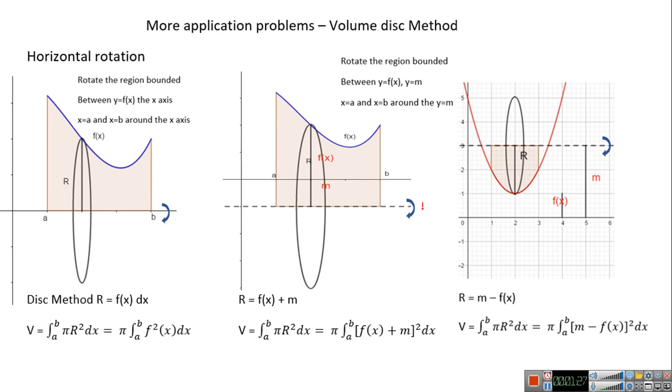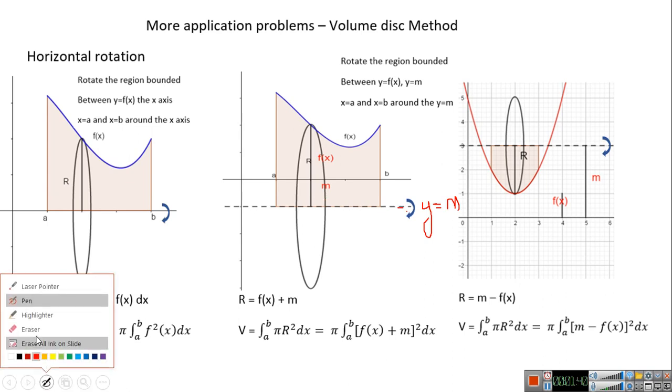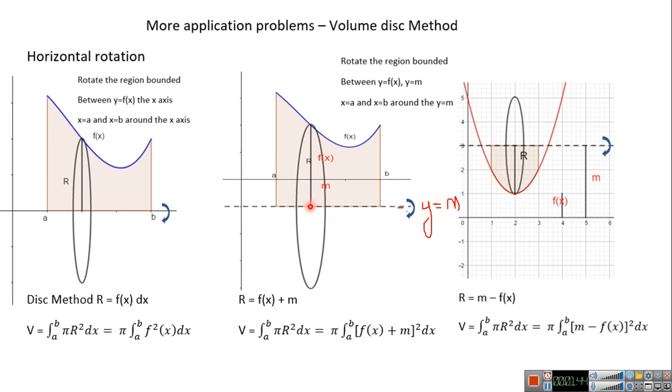Since this is y equal to m, and since the axis of rotation is a boundary, we apply the disk method. So we need to find the radius. The radius is from the axis of rotation towards the boundary.